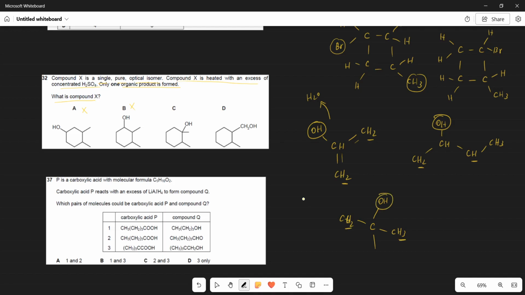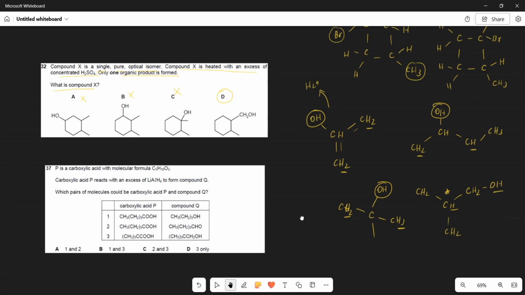So again this OH, one of this hydrogen or one of this hydrogen, so I may get two different products, not C. Obviously D. So I can check that you have CH2, OH and CH, you have CH2, CH2. I hope this is the chiral carbon, and when you are dehydrating, only one product will be formed. So that is how it is.